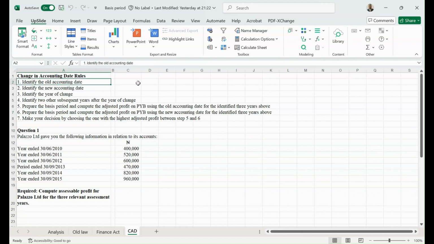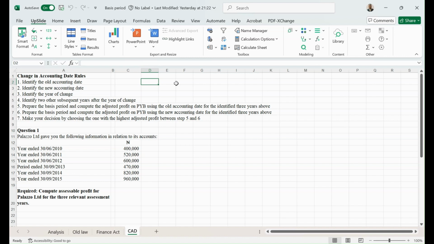So previously we've looked at the commencement rule and the cessation rule, and quickly we shall be looking at the change in accounting date rules. During our class on the commencement and cessation rules, we mentioned that both rules were impacted by the Finance Act 2019, so there was a new treatment depending on when the business either commences or ceases operation.